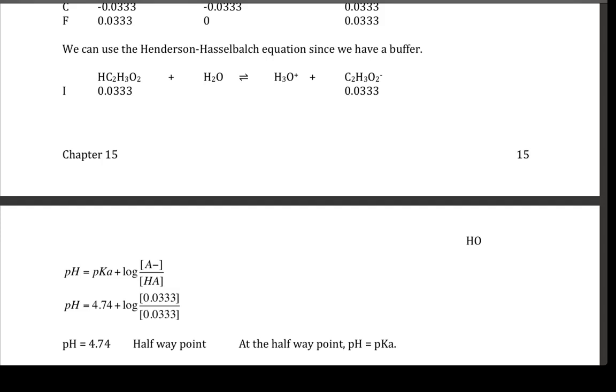And then we use the Henderson-Hasselbalch equation, putting in the pKa to be 4.74 and the A minus and the HA to both be 0.0333. Notice we have the log of 1, which is 0, so the pH is 4.74.